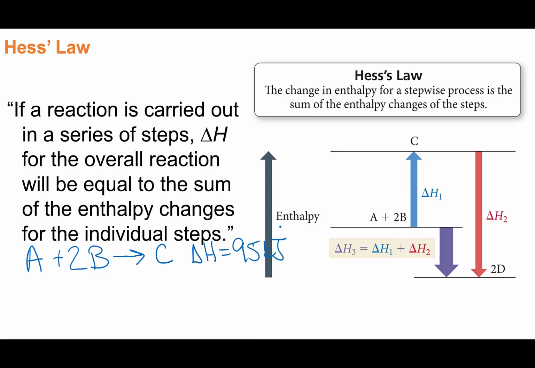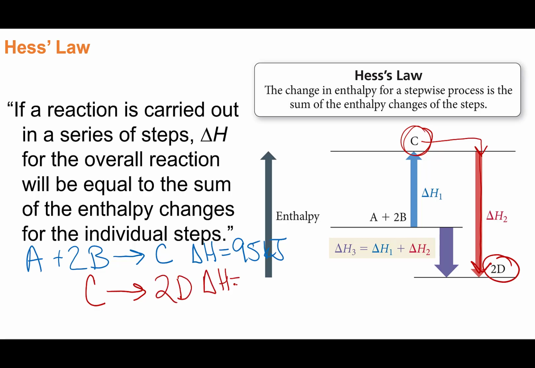Step 2 is actually going to start from here, right? For step 2, our reactant is C, and when we finish our reaction, our product is 2D. There's also an enthalpy associated with that reaction. This is a big negative, so let's call this negative 195 kilojoules.